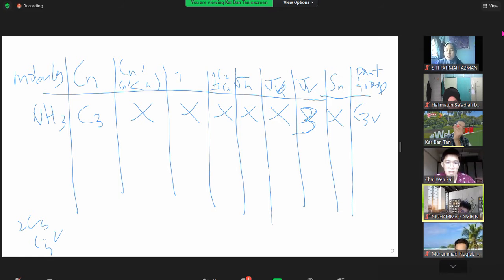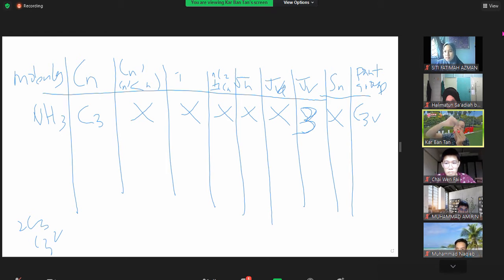Yes, it will be exactly like C3V because it's having a lone pair, a trigonal pyramid. If you replace one which is different, just take this one like your lone pair electrons. Okay, it's different from the three, isn't it? So the symmetry operations you can perform will be exactly same as your ammonia.